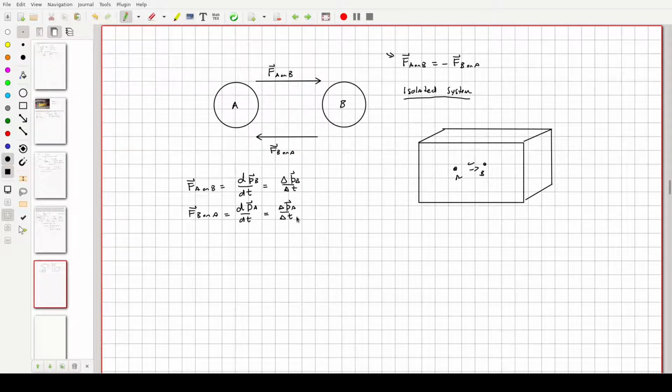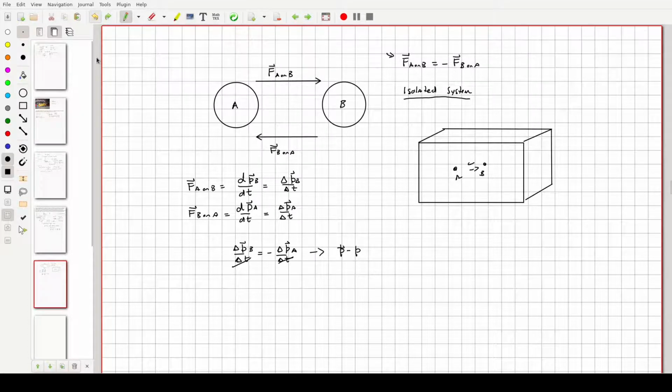Okay? So now let's write this as Newton's third law here. The force of A on B causes B to experience a change in momentum over time. B, as a consequence, returns an interaction onto A. The interaction times are the same. So what this turns into on the left-hand side would be B's momentum after the interaction minus B's momentum before the interaction.